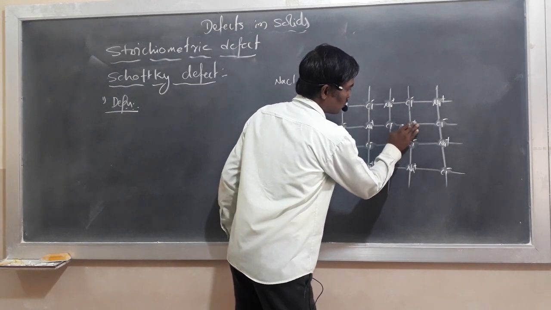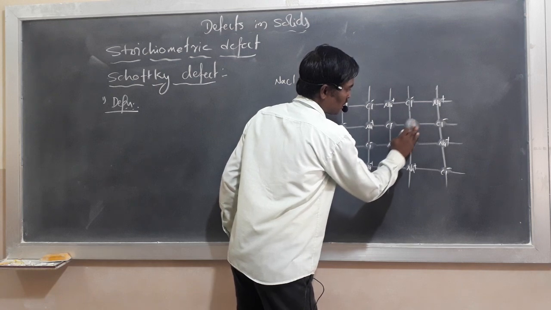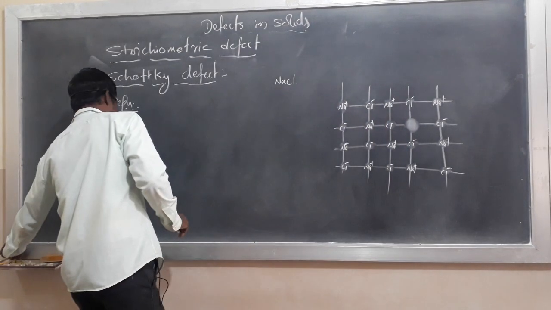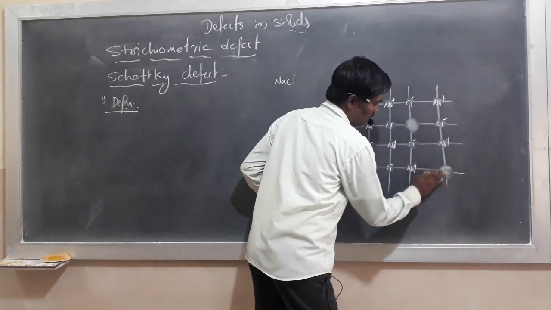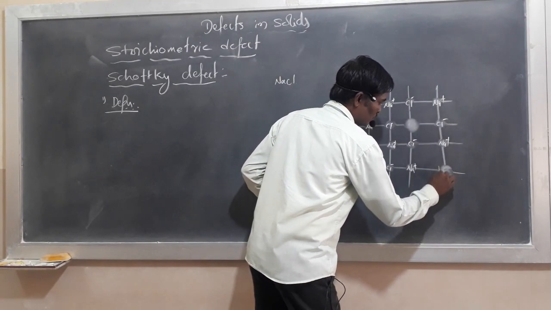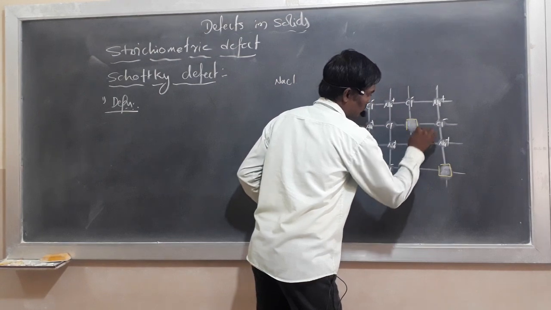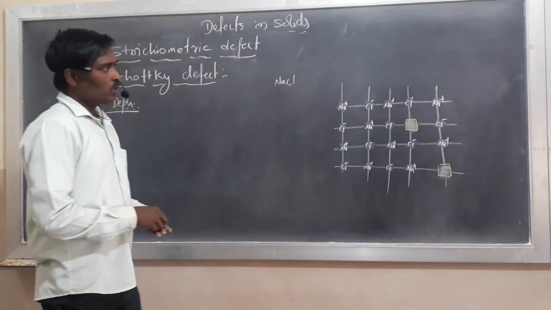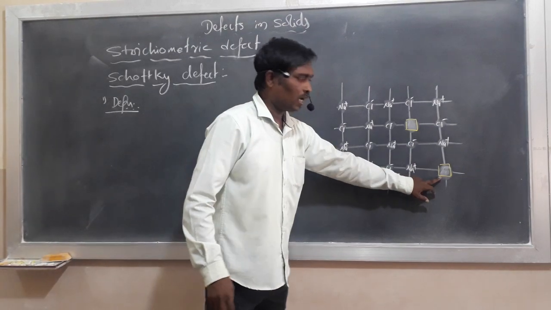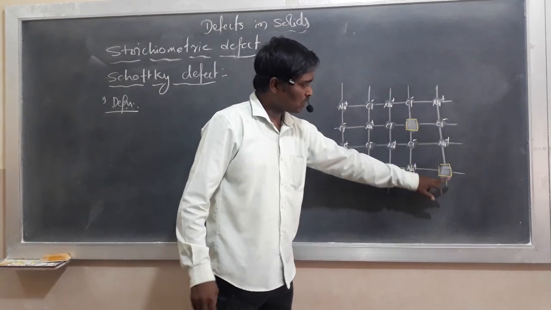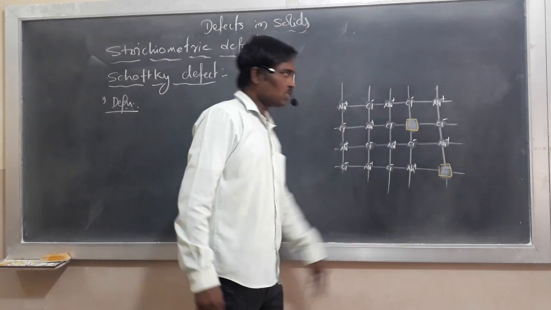For example, the sodium is missing from its regular lattice point. Similarly, the chloride is also missing from its regular position. So these two positions are vacant. Here one sodium ion is missing, and similarly one chloride ion is also missing.